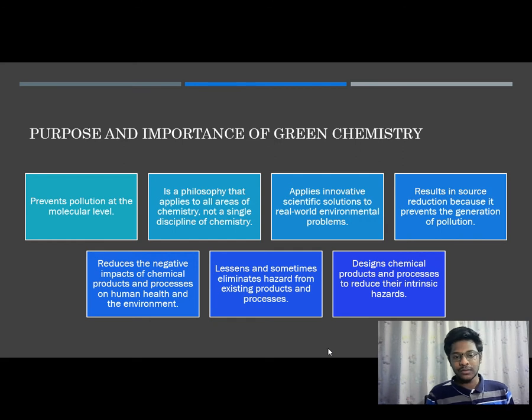It applies innovative scientific solutions to real-world environmental problems, and results in source reduction because it prevents the generation of pollution and reduces the negative impacts of chemical products and processes on human health and the environment. It lessens and sometimes eliminates hazards from existing products and processes, and designs chemical products and processes to reduce intrinsic hazards.